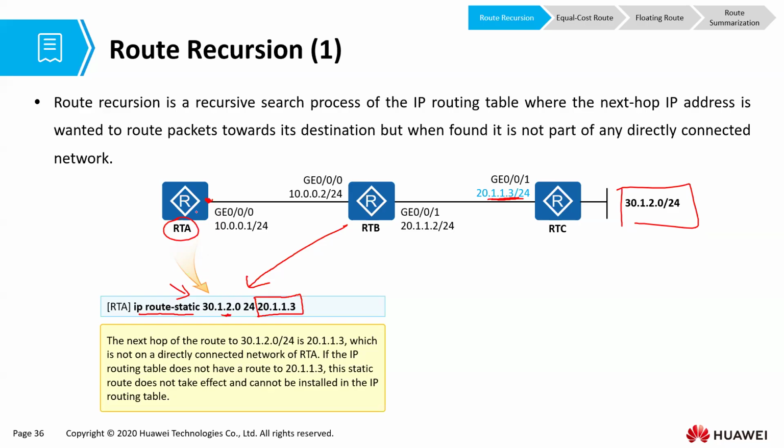Then I will need to have another lookup, so that I can find a directly connected interface. Is this correct? This is not correct. It's not making sense.